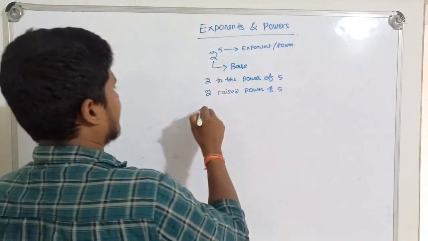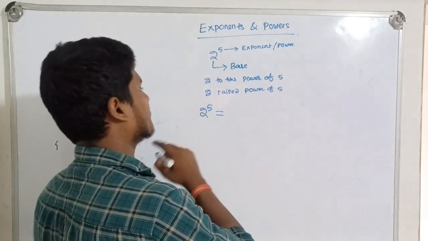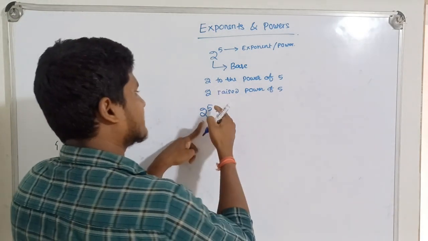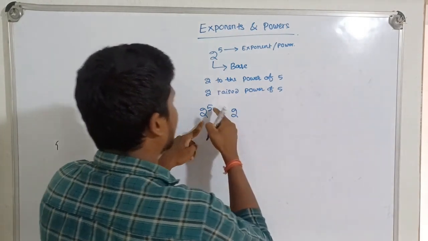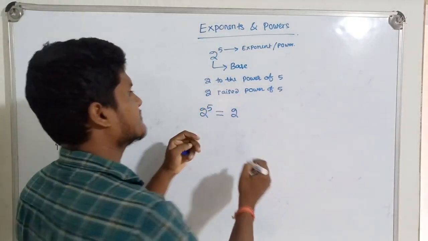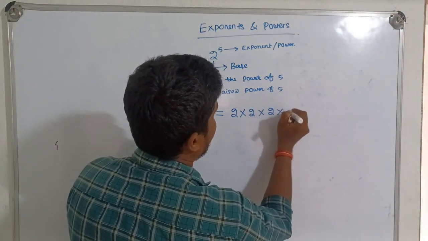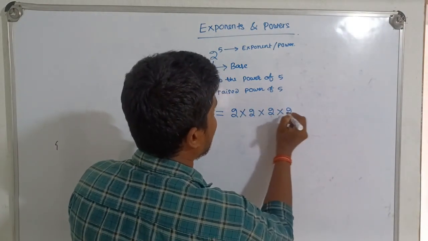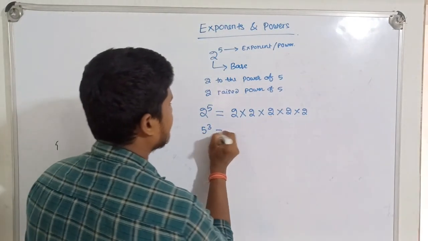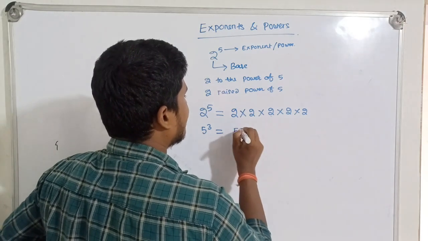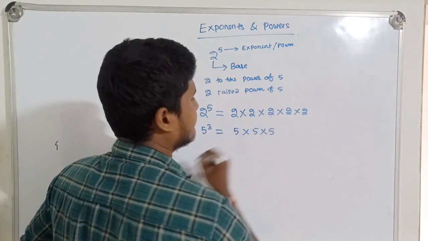So write carefully, 2 to the power 5 means this is the base and this is the power. 2 how many times? The power is 5, so just multiply 2 five times: 1, 2, 3, 4 and 5. Suppose 5 to the power 3, so write 5 three times: 5 into 5 into 5.